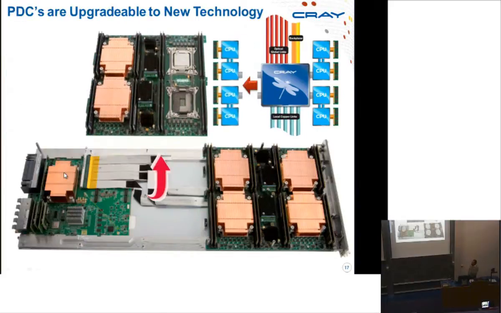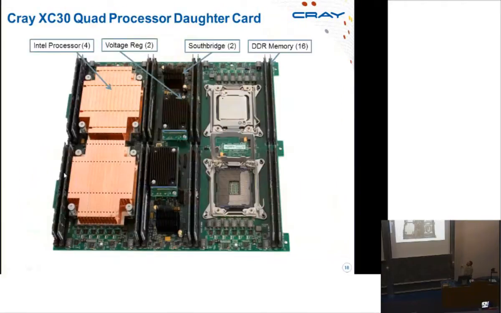From a system administrator's point of view, this is quite nice, in that you can upgrade these daughter cards as complete units. So in the future, if there is an in-socket upgrade or some change, maybe we move to a new processor architecture, the blades can be reused and a lot of the wiring can be reused, and all we have to do is replace these daughter cards, which basically form half. So there are 2 daughter cards per blade.